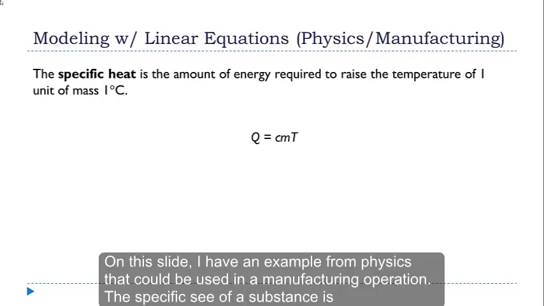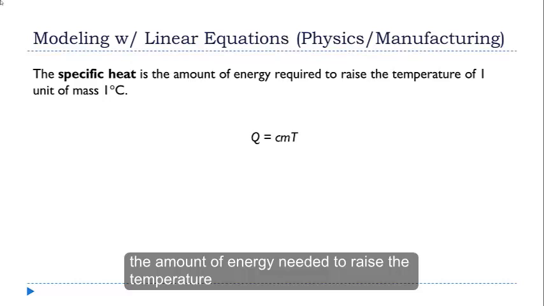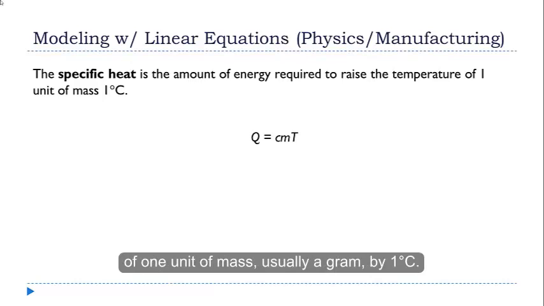On this slide, I have an example from physics that could be used in a manufacturing operation. The specific heat of a substance is the amount of energy needed to raise the temperature of 1 unit of mass, usually a gram, by 1 degree Celsius.